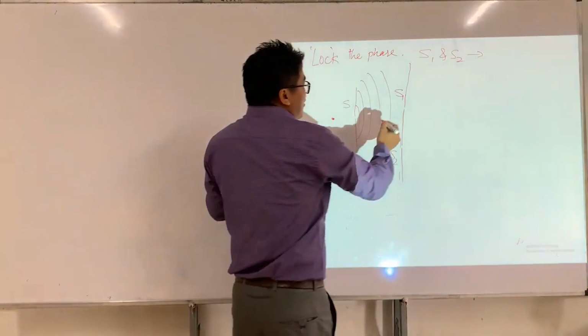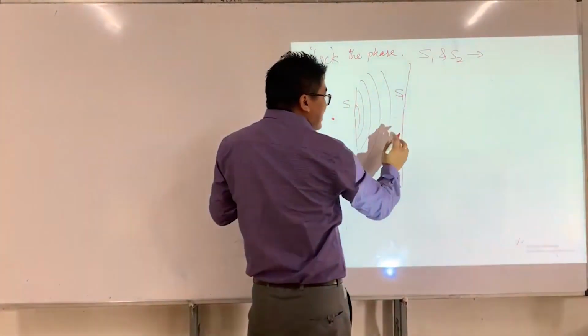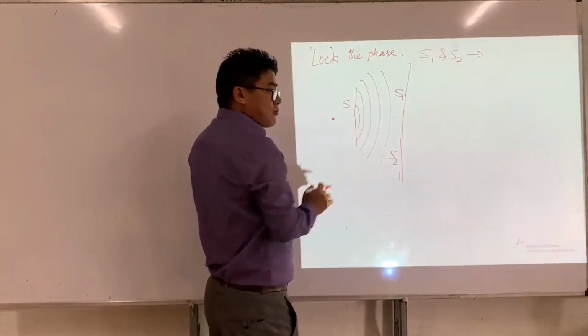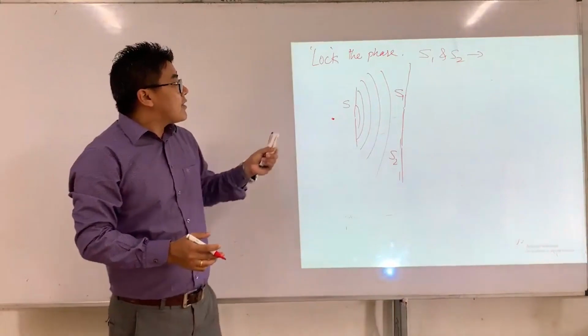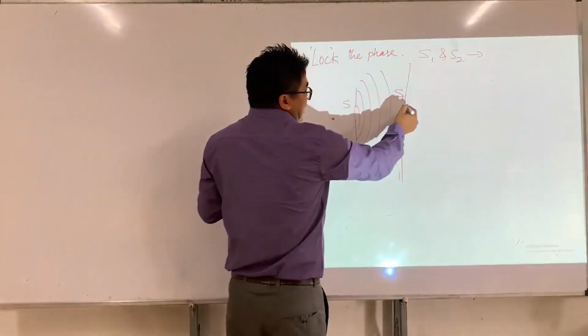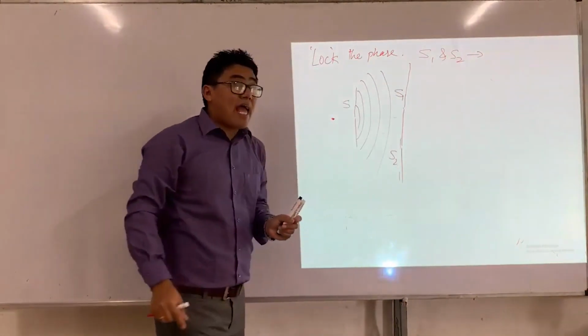Whatever phase change occurs here, the same change takes place here, because this comes from the same source. So there won't be any change of phase between these two sources, S1 and S2.